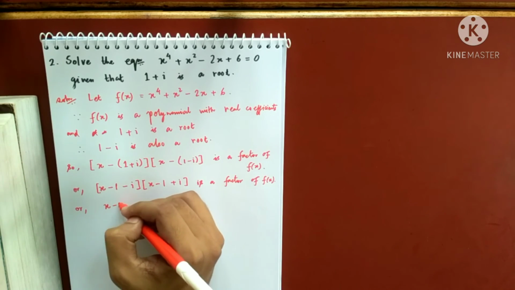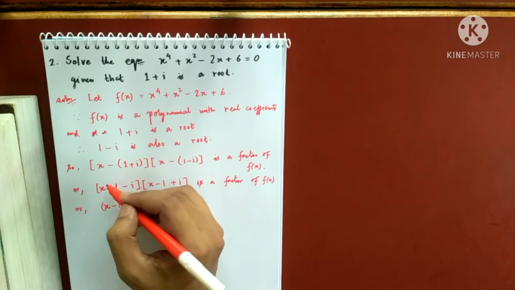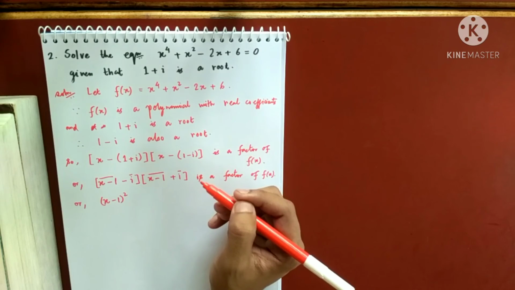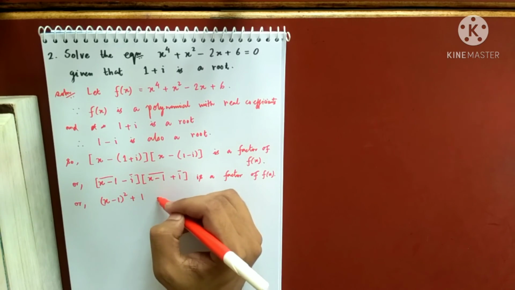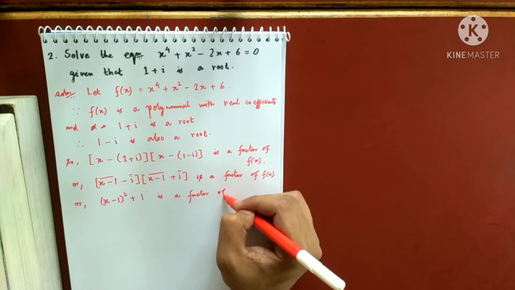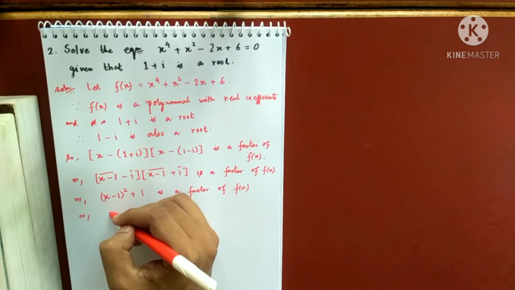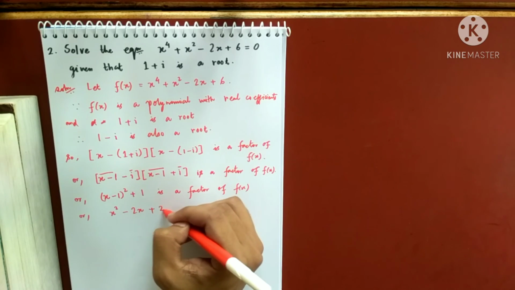And lastly, this is (a minus b) whole square, where this is a and this is b. So a square minus b square, that is, a square minus i square, which will become plus 1. Simplifying, this is x square minus 2x plus 1 plus 1.